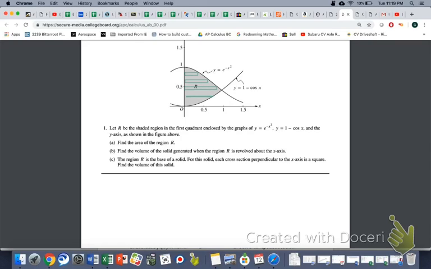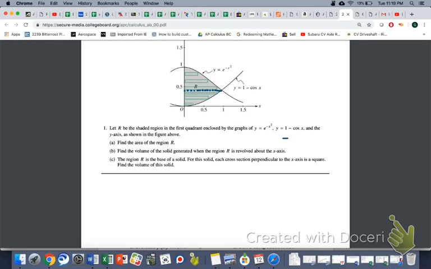And I'm actually going to suggest not using horizontal representative rectangles because, although it would be doable, you'd find that it's more complicated than it needs to be. And here's why. If I did horizontal representative rectangles, please notice how for the upper half of the region, so basically from this dotted line up, the representative rectangle's length would be determined by the y-axis on the left and then e to the negative x squared on the right.